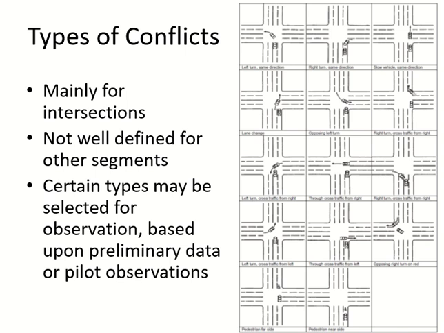So all these conflicts are there by default, and then the signal, the stop sign, the lane and the median remove these conflicts, but they are there. So these are the possible conflict points, and you may select some of them for your study.